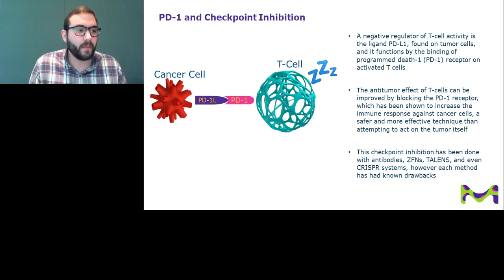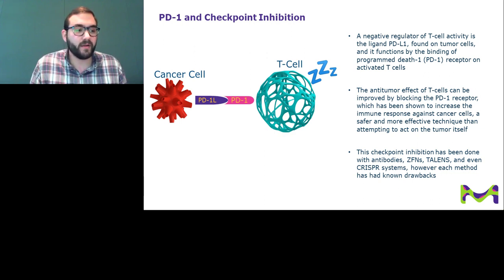It has been shown that a way cancer cells evade detection is to utilize immune checkpoint molecules to circumvent an immune system response. T cells would see these and assume that the cancer cell is normal and go dormant. One such negative regulator of T cell activity is the ligand PD-L1, found on tumor cells, and it functions by the binding of programmed death 1, or PD-1, a receptor on activated T cells.